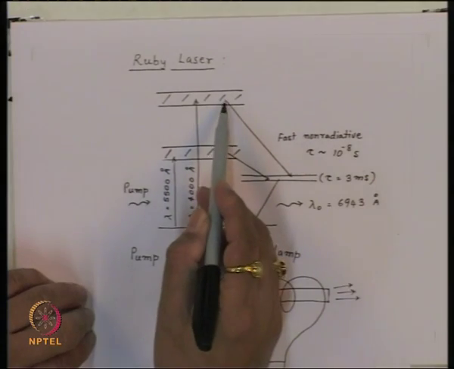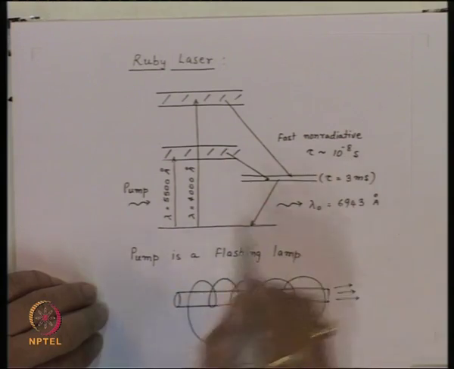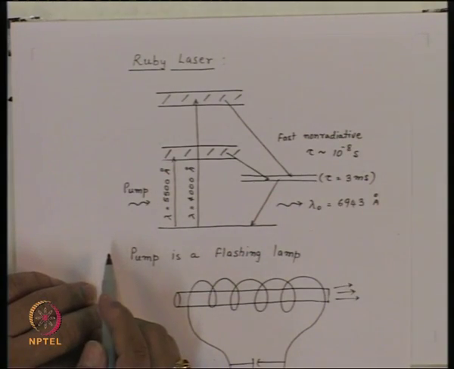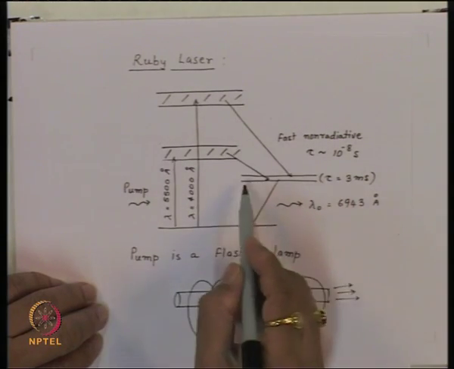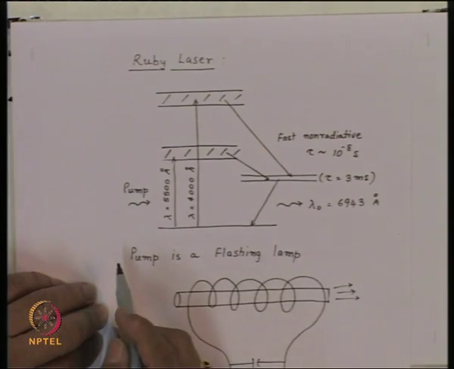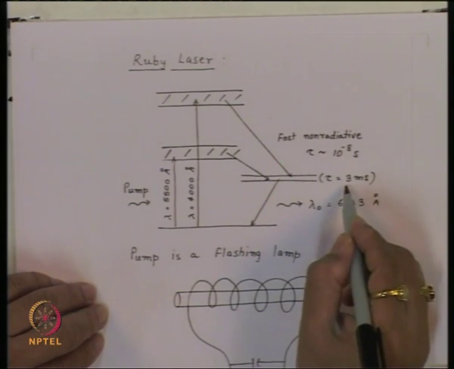The lifetime of the electrons in these two levels is rather small, typically of the order of 10 to the power minus 8 seconds. So, the electrons quickly relax to these energy levels, where the lifetime is relatively longer, of the order of about 3 milliseconds.